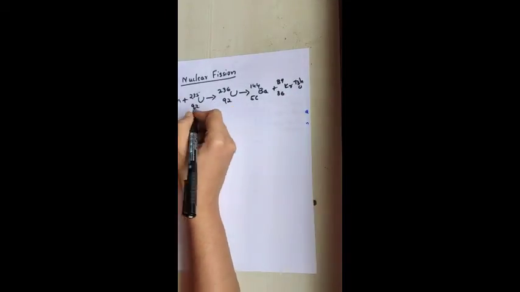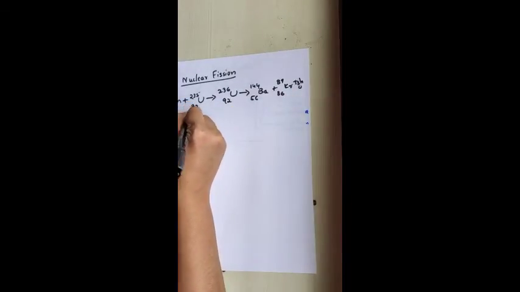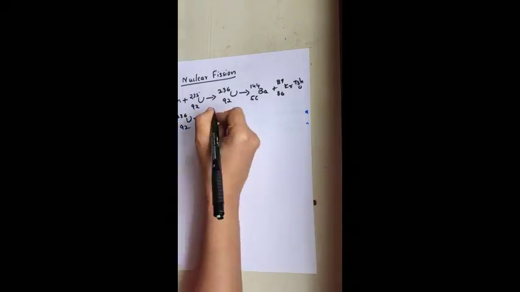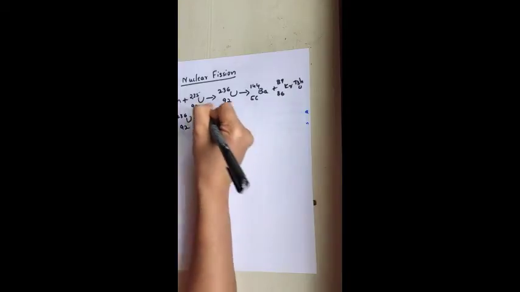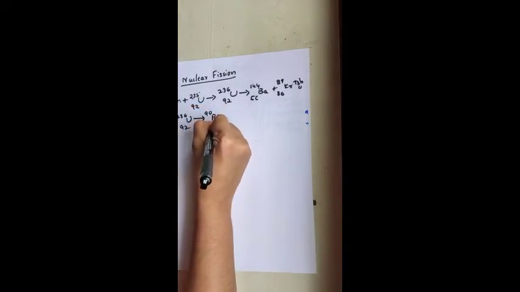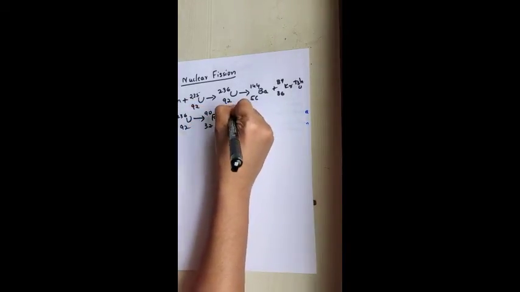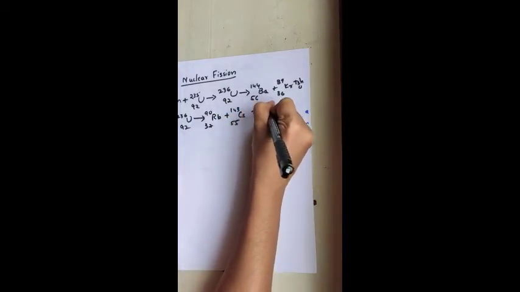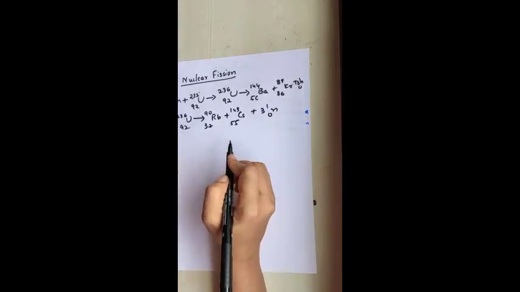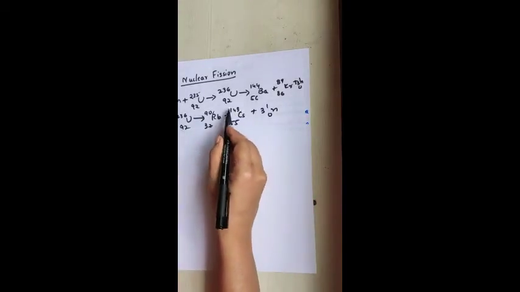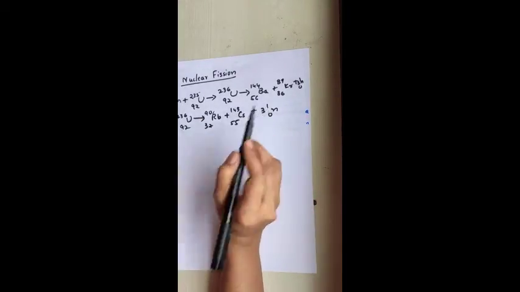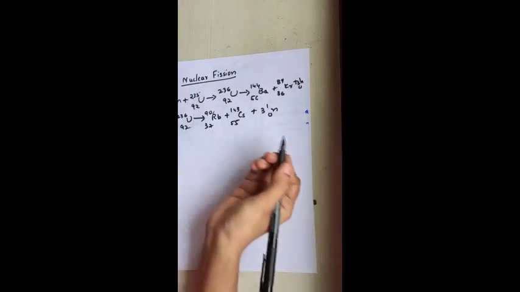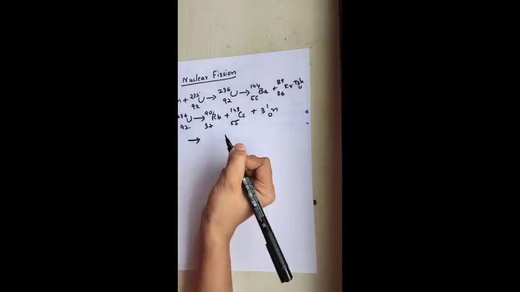Uranium-236 may also produce other elements: rubidium-90 (37) plus cesium-143 (atomic number 55). Here also 3 neutrons will be released, which I have to write to balance the atomic number and mass number.